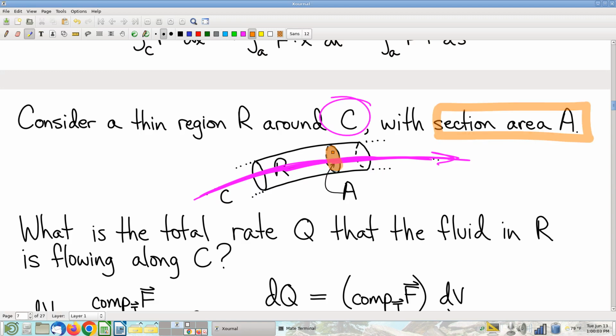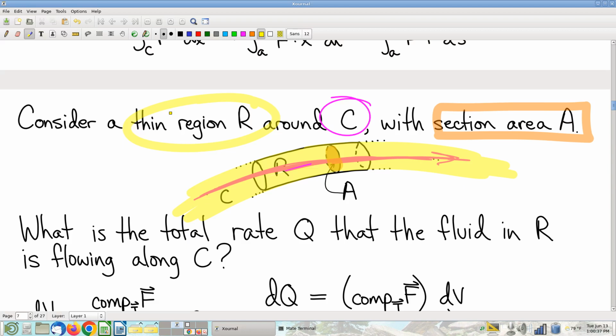With that cross-sectional area, you can imagine if you were to drag it all the way along the curve, what that would do is create what I'm going to call a tube, this thin region R of a tube-like thing. So there's going to be a certain amount of fluid in that tube. It's not actually a tube, right? There is no rubber boundary. It's just the fluid that's sufficiently close to that curve. Is everybody with me so far?